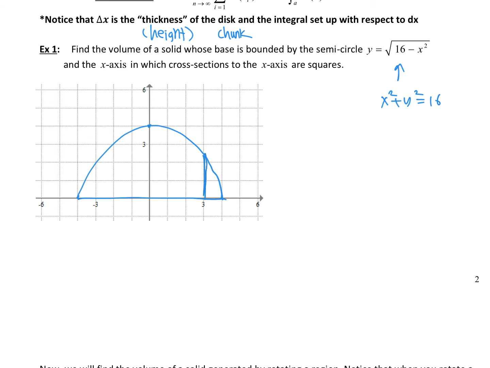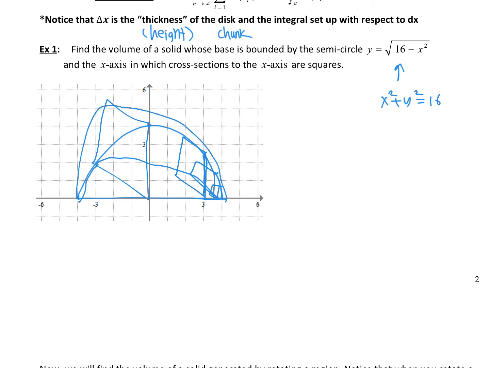Then you'll see a square. If you cut something here, then you'll see something like this, right? So I'm building a three-dimensional thing. If I cut it here, you have a very small square, right? If you cut it here, you get the big square. So you see a shape that goes like this.